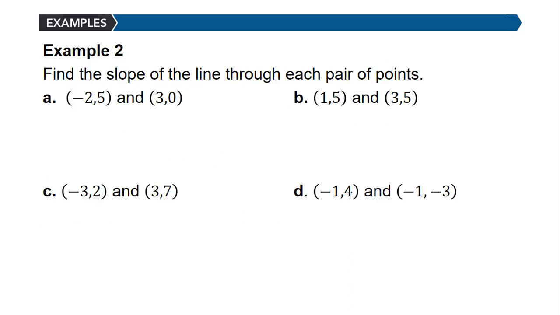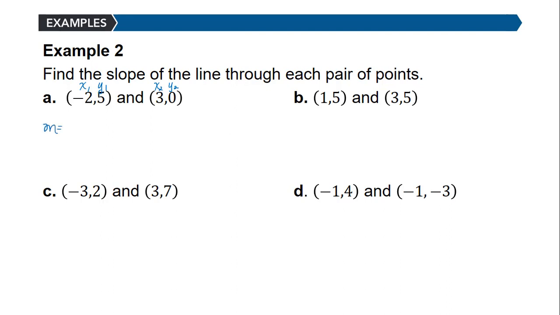I have an example where we want to find the slope of a line through each pair of points. Part A is to find the slope between (-2, 5) and (3, 0). To find the slope, I like to designate the points as, the first one is (x1, y1), and then (3, 0) will be (x2, y2).